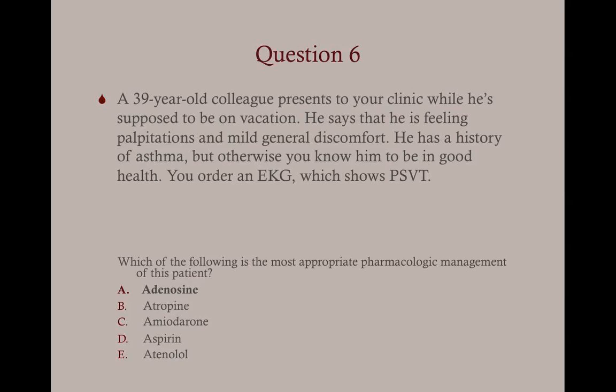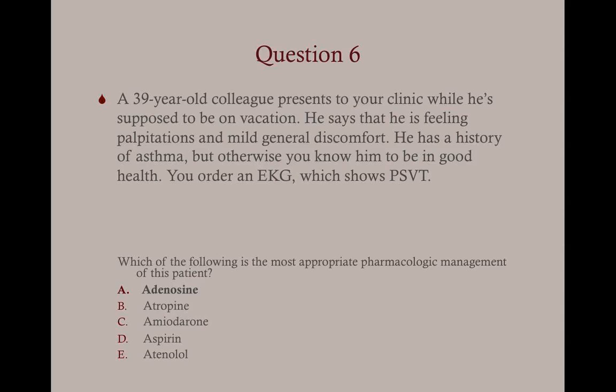So adenosine is our treatment of choice in patients with PSVT. So we like to give them adenosine. That tends to get them out of their PSVT. Now, I put what's the most appropriate pharmacologic management because in stable patients with PSVT, you can try vagal maneuvers, and that usually is your first choice.